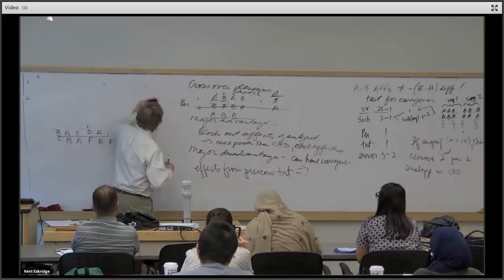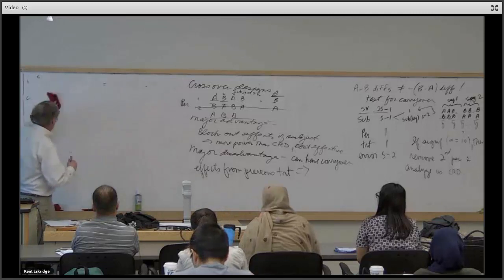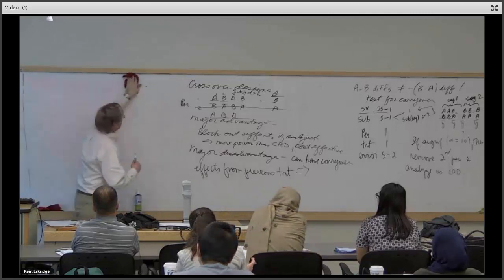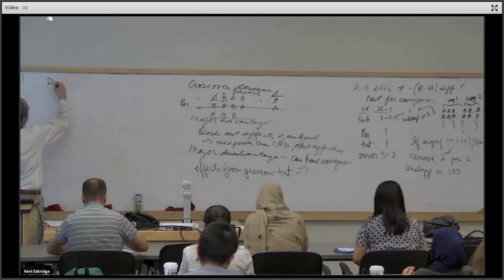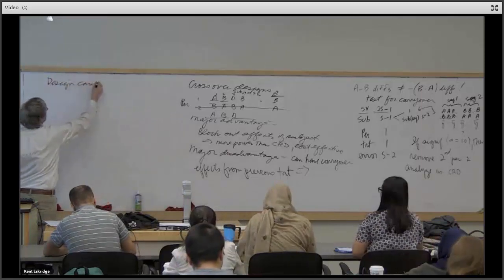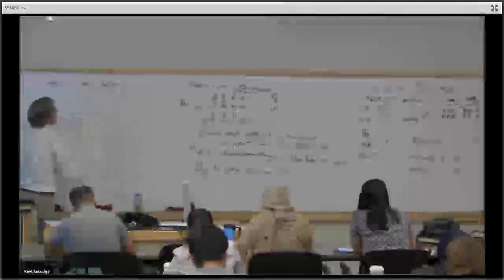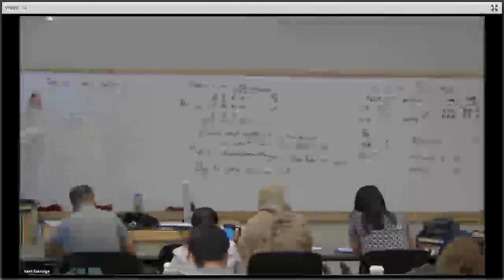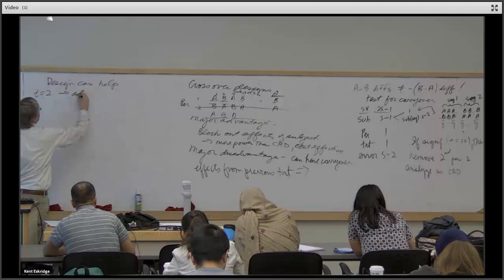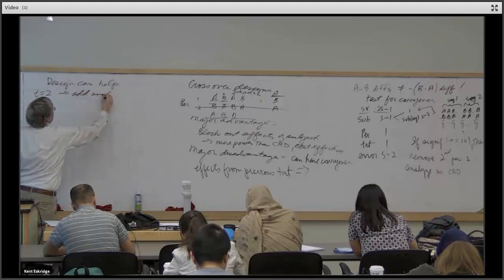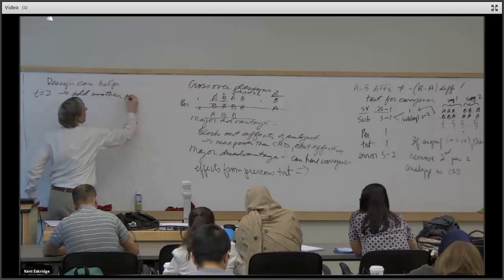So if you only have 2 treatments and 2 periods, there's not much you can do. Design can help. One way, if t is equal to 2, is to add another period.